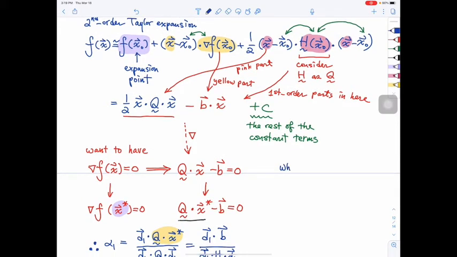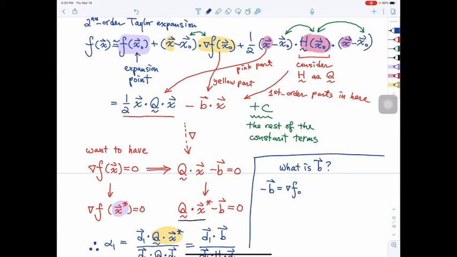So what is b? So from the Taylor expansion, the b, we said negative b. Here should have a gradient vector here. Right, we should have one term right there.